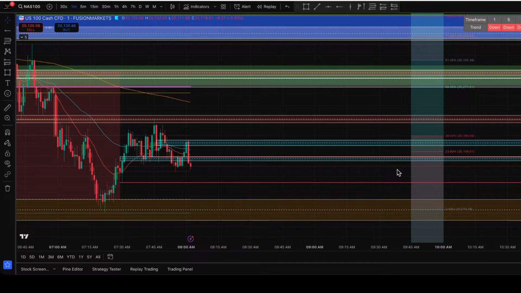Close. There you go. Those lows have been taken, so we're most likely heading now for that bearish confirmation.